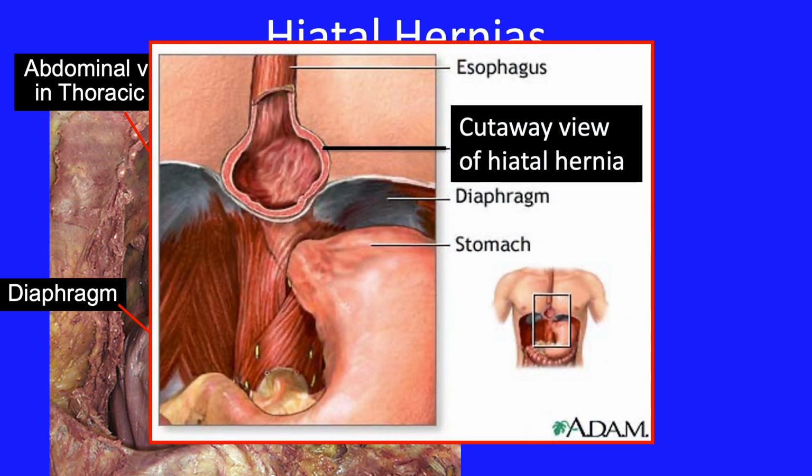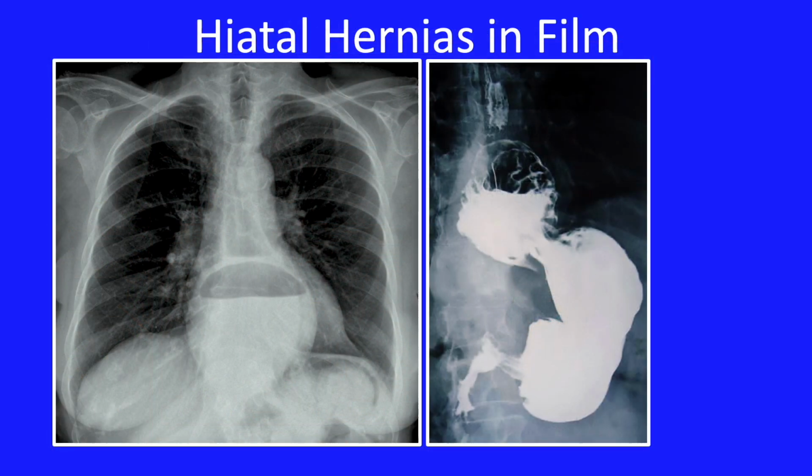The hiatal hernia is not clearly demonstrated in this cartoon from Adam. The presence of the hernia above the diaphragm would have been initially reported as an abnormal mass superior to the diaphragm. The actual way this was likely diagnosed years earlier was with the use of imaging.